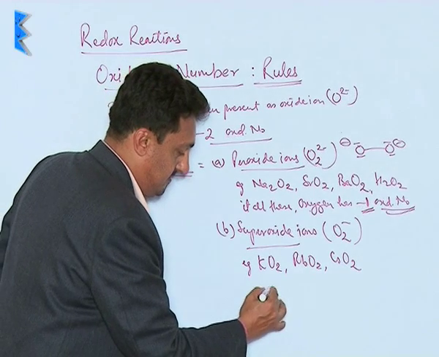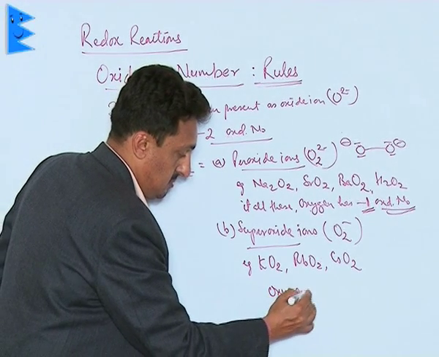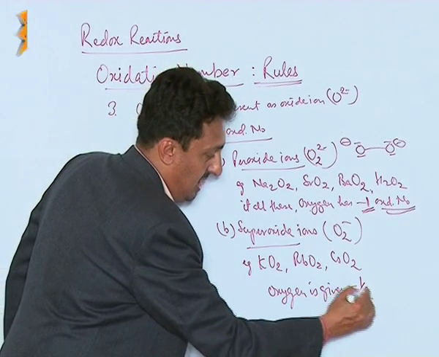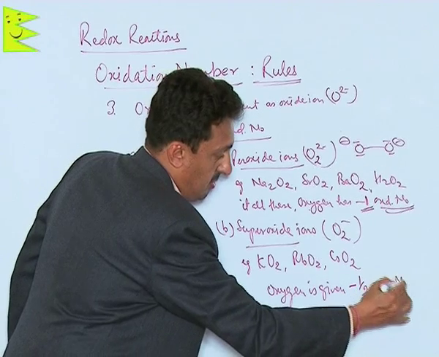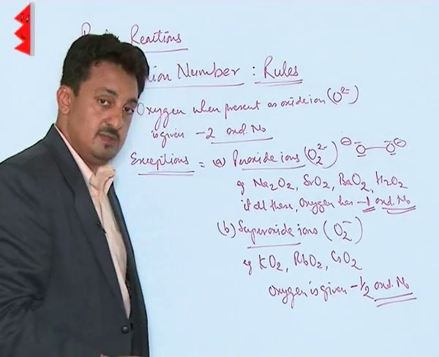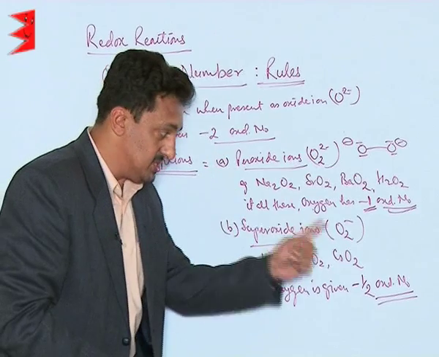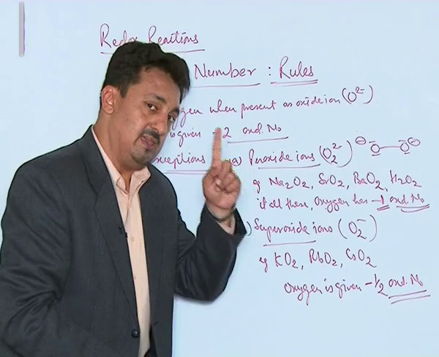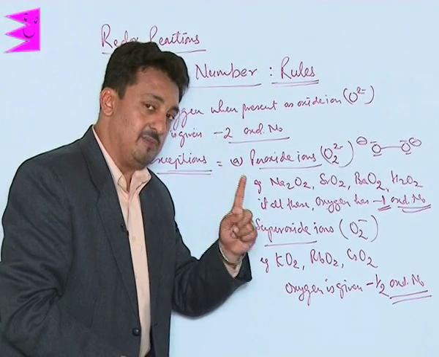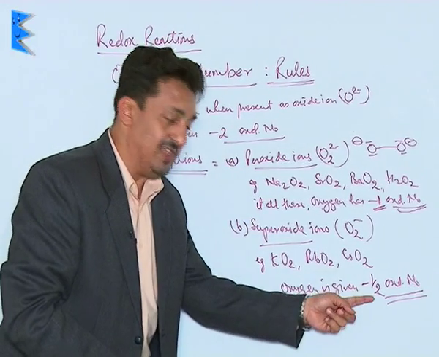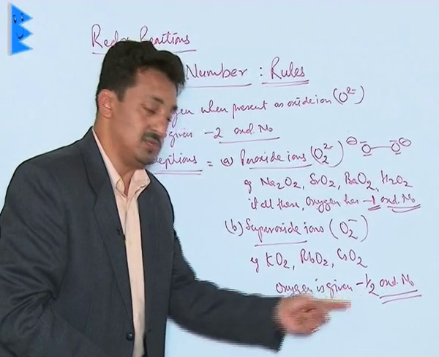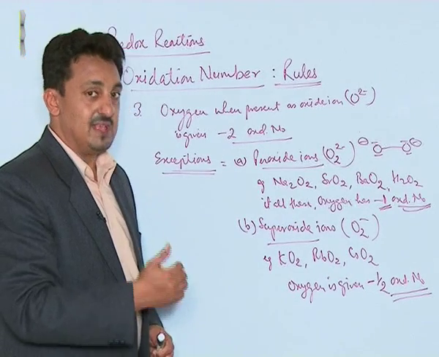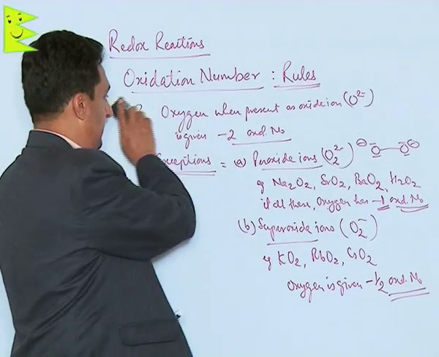In all these, oxygen is given -1/2 oxidation number, because 2 oxygen atoms together gain only 1 electron. So each will gain only half an electron. So actually the oxidation number is -1/2.